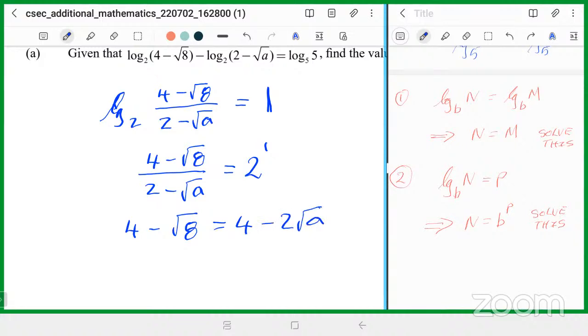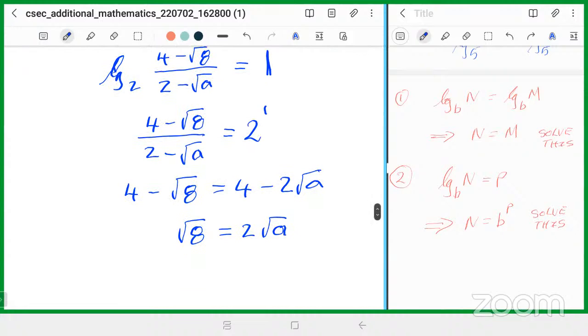What you realize now is that this 4 cancels this 4, the minus cancels the minus, and so we're left with, look at it, this thing equals that thing, obviously. So what we have gotten to is that root 8 is equal to 2 root a.